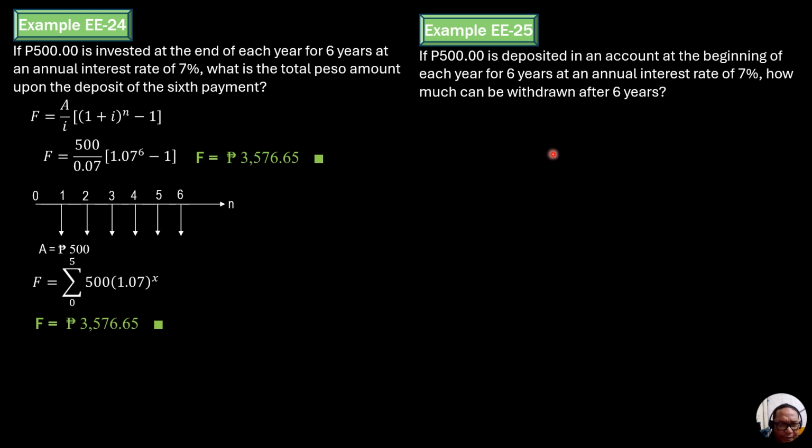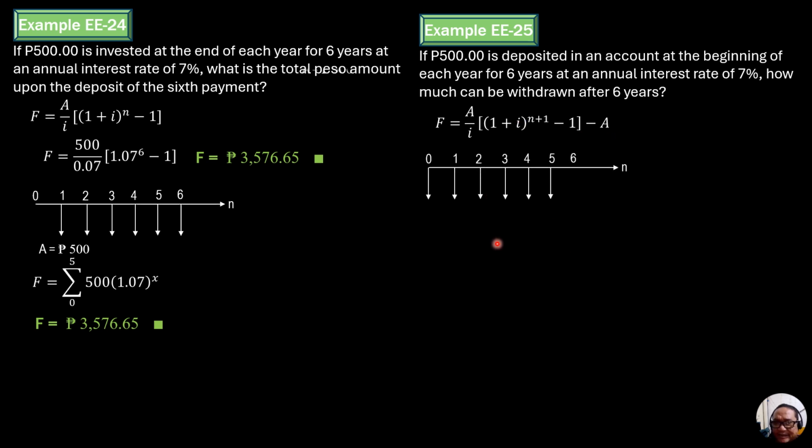So future worth of annuity due, formula A over i, quantity (1 plus i) to the n plus 1. Remember, you add 1 minus 1, then minus A. So A over i, quantity (1 plus i) to the n plus 1 minus 1, then minus A, where n is 6. That's the cash flow diagram.